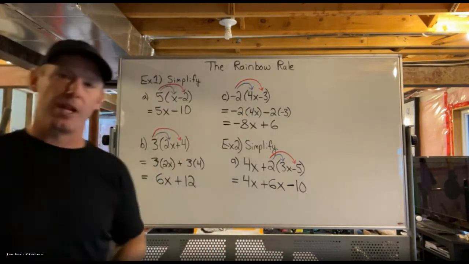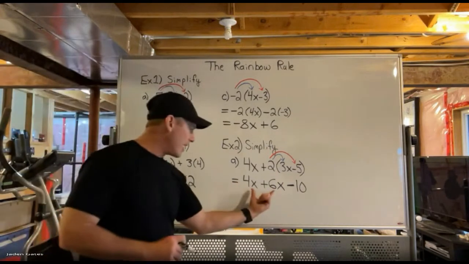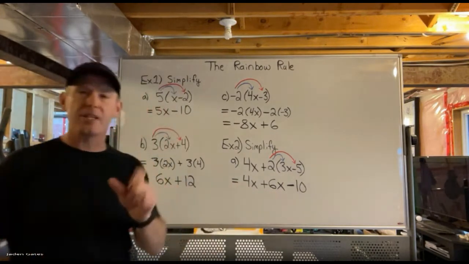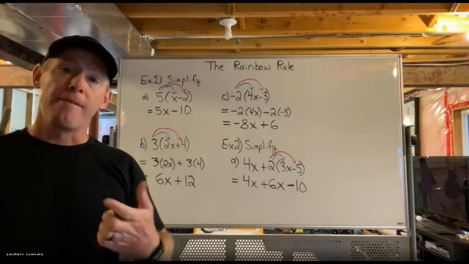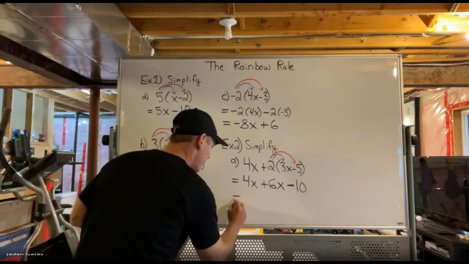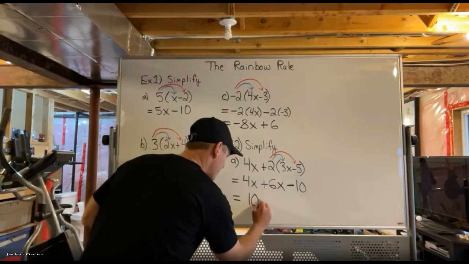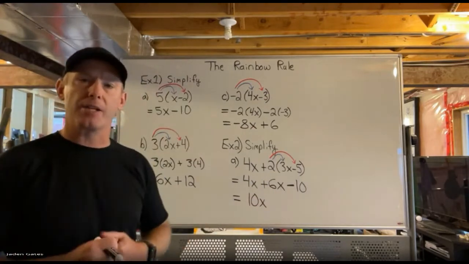Now, in this example, I'm not done yet because I have x's, which we call like terms. They are the same. And so I can put those together. 4x's plus 6x's will give me 10x's. Notice how the x didn't change. We're just counting up how many x's we have.